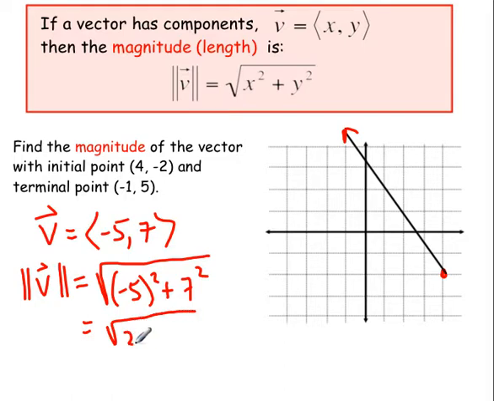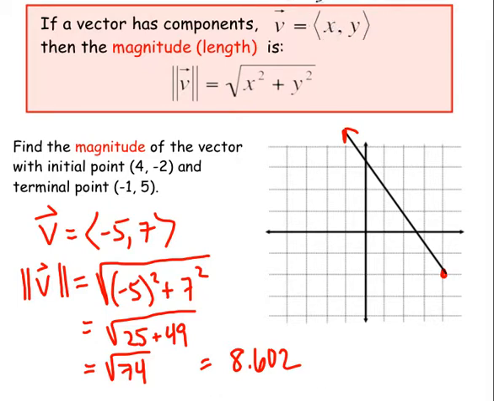So we're going to get square root of 25 plus 49, which is square root of 74. You could leave it like that, or if you typed it in your calculator, you would get 8.602.